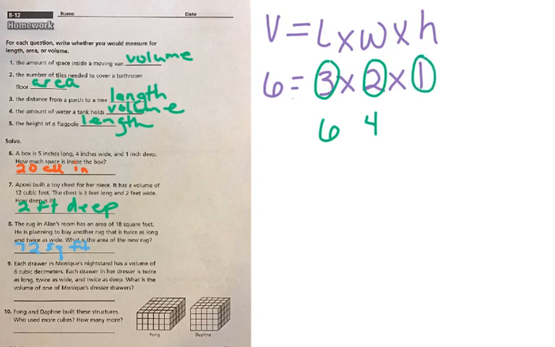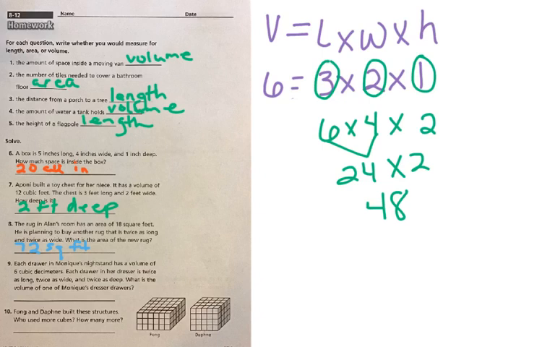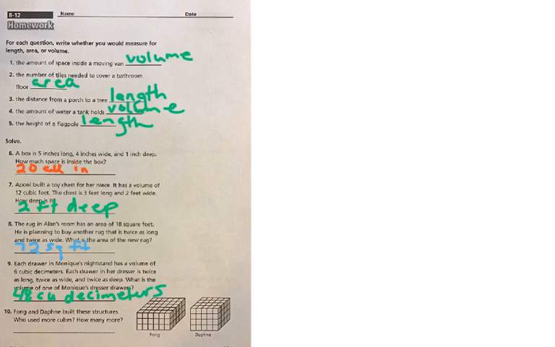And 1 times 2 is 2. So then I have 6 times 4, which is equal to 24, times 2, which is equal to 48. And my answer is going to be 48 cubic decimeters. And you can write CU and then DECIMETERS, decimeters.